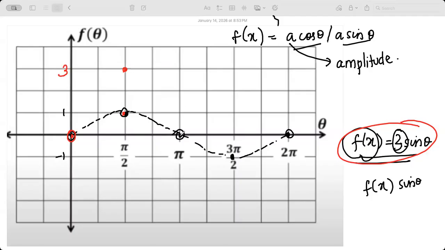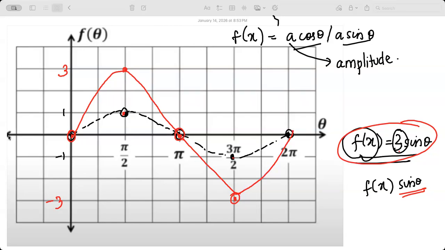At pi, 0 multiplied by 3 is still 0. All your y values get multiplied by 3, because your original was sin theta and now you're plotting 3 sin theta. At 3 pi by 2 it comes to negative 3, and then it goes back to 0. Any questions?